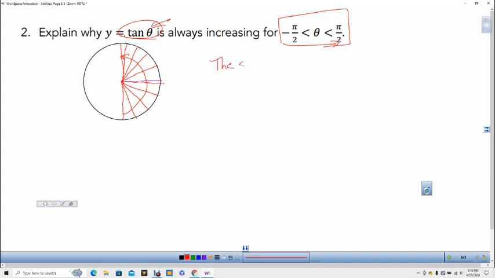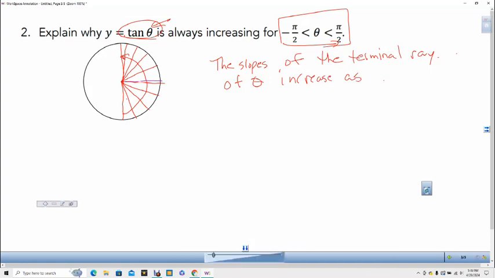The slopes of the terminal rays of theta increase as theta, I could write the symbol for that instead of writing it out, goes from negative pi over 2 to pi over 2.